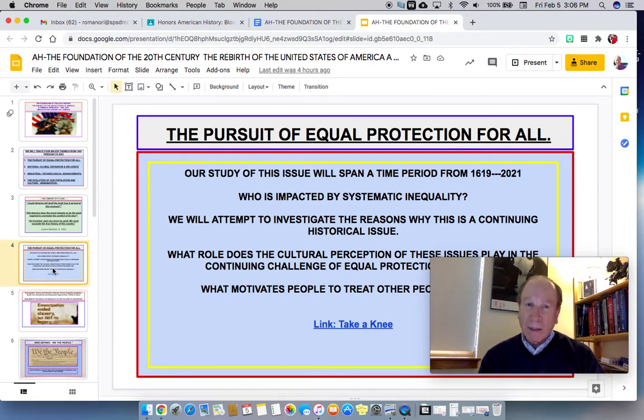Who's impacted? We discussed in class systematic inequality. We define systematic as there's no law that discriminates against the person or a group of people, but it's just built into the system. I gave the example that back in the 1970s, when I went to my guidance counselor, and I say to my guidance counselor, I want to go into nursing.